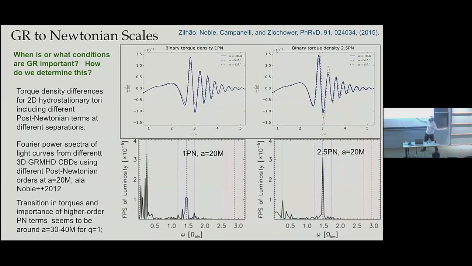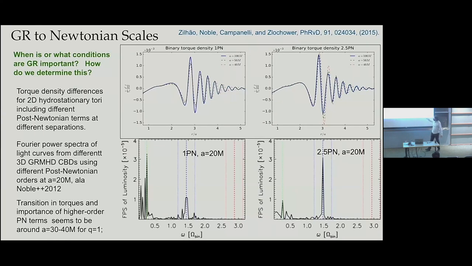So 1 PN is more Newtonian, 2.5 PN is more relativistic. And so you see that at around 40 M separations, you start to see the change in the torque on the gas. This is just a 2D hydrostationary torus in a binary spacetime, and we're measuring the torque. So we're seeing at around 40 M separation that the torque changes.